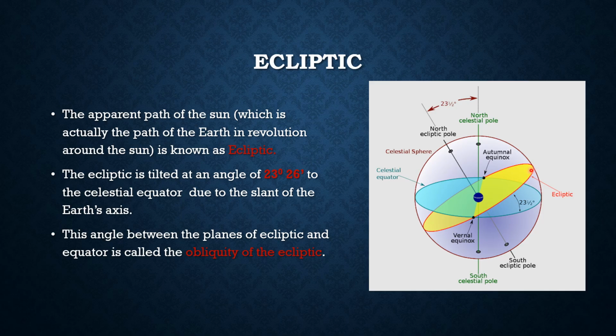If you see this picture, between the ecliptic and the celestial equator there is an angle. This angle is 23.5 degrees. This angle is called the obliquity of the ecliptic, between the ecliptic and the celestial equator.